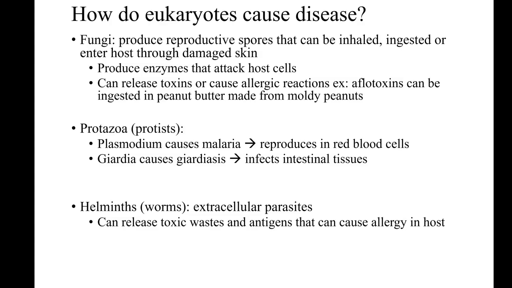An example of this is that if, let's say, a manufacturer is making some peanut butter with some peanuts that were moldy and actually had this fungus, and the fungus was producing these aflatoxins, and when people consumed it, they were having a reaction to that toxin.